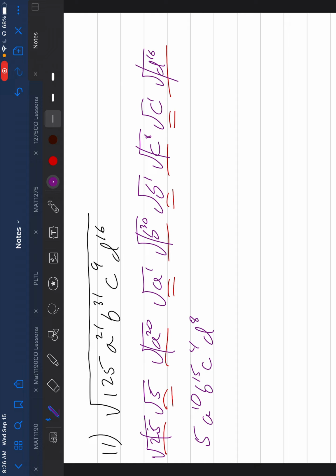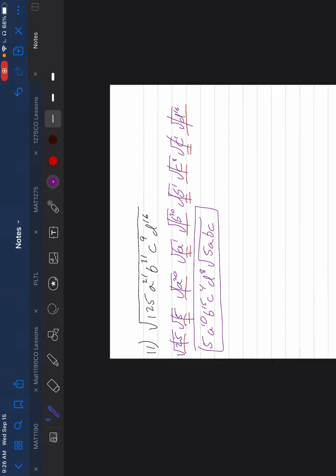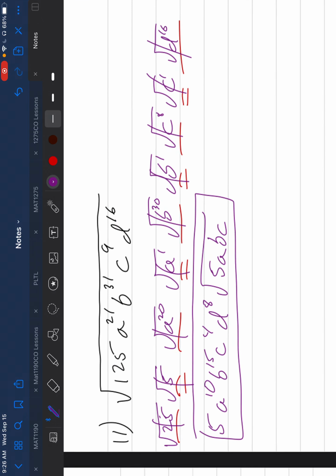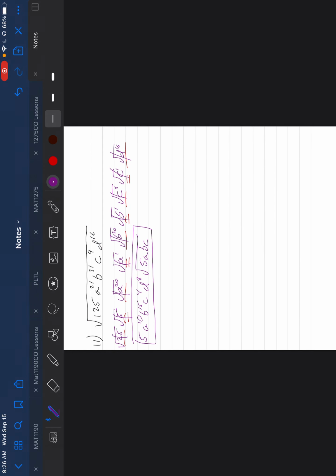So what's left is 5abc inside of our radical. That's 1, 2, 3, 4 pieces inside of our radical. And there it is. Just make sure that you're keeping track of all the different letters and numbers and things of that nature, and you'll be just fine. Thank you for watching.